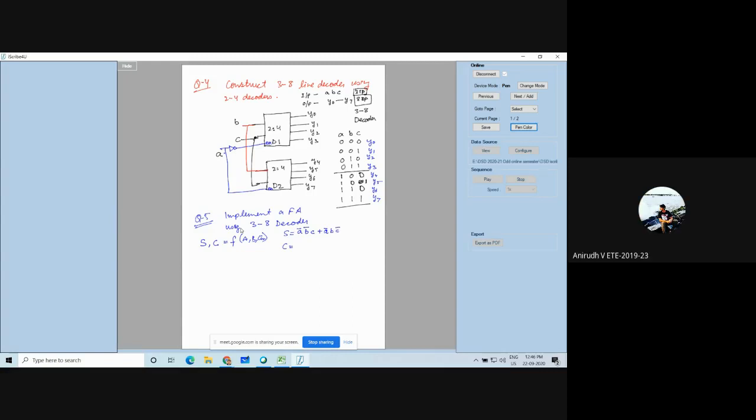Enable should be there, no? See, whenever I am not asking you to construct anything, and I am not mentioning any specific IC number, you may or may not include enable. That does not matter. For this question, even if you miss out enable, no problem, because I am not asking you to implement a full adder using a specific IC.